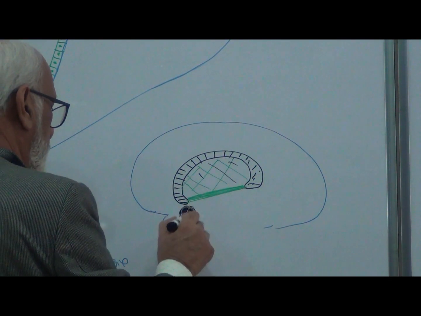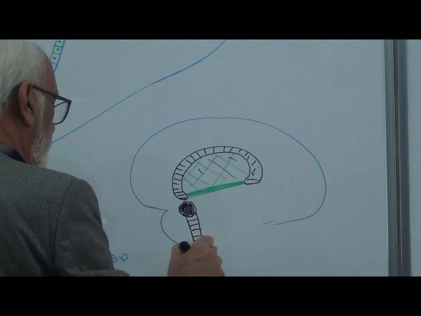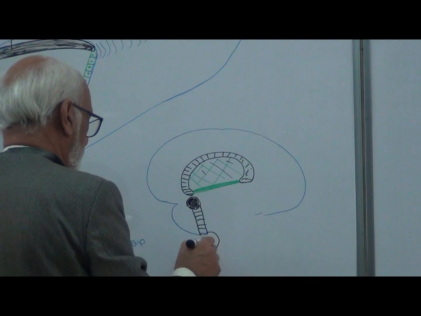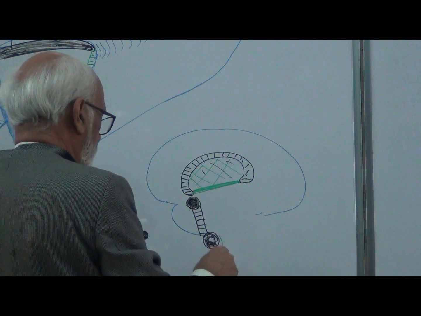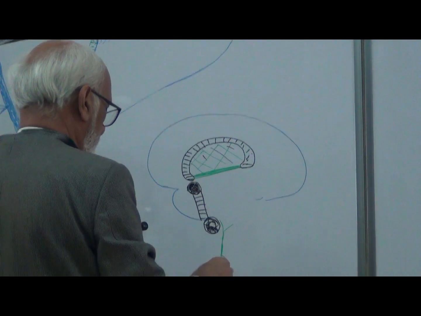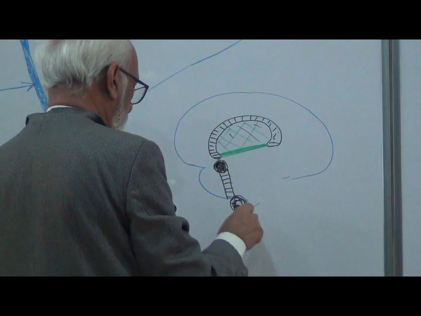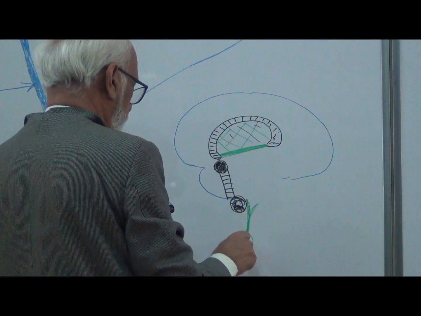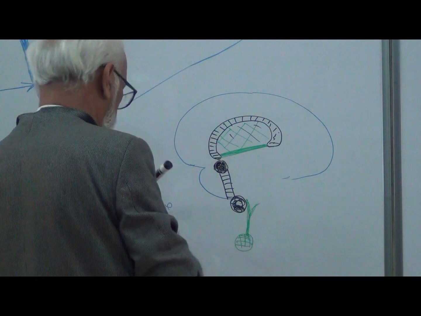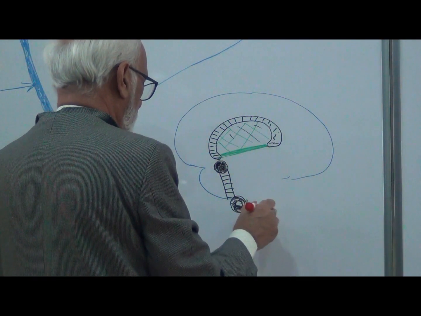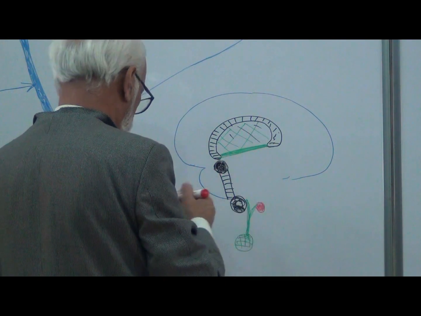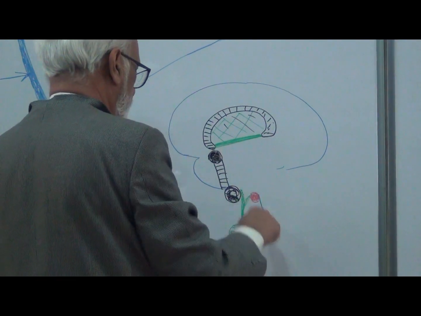Anterior commissure, this is lamina terminalis, optic chiasma, tuber cinereum attached to the pituitary gland, mammillary body, and midbrain section.